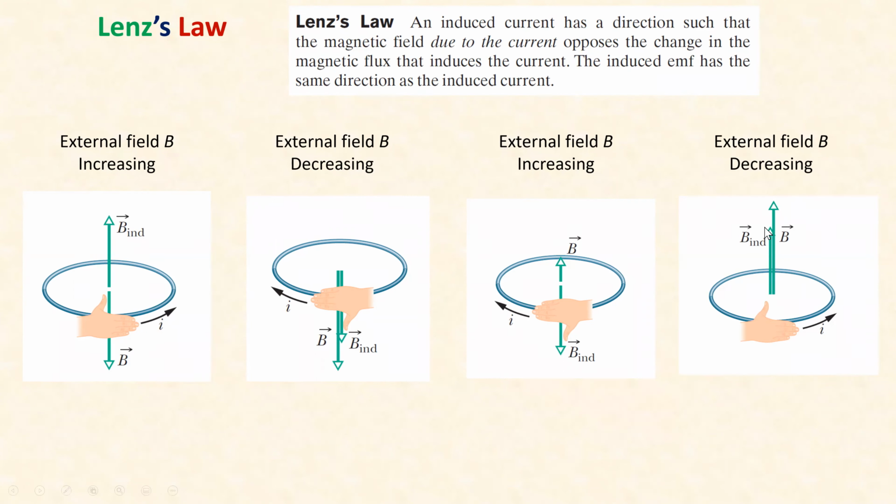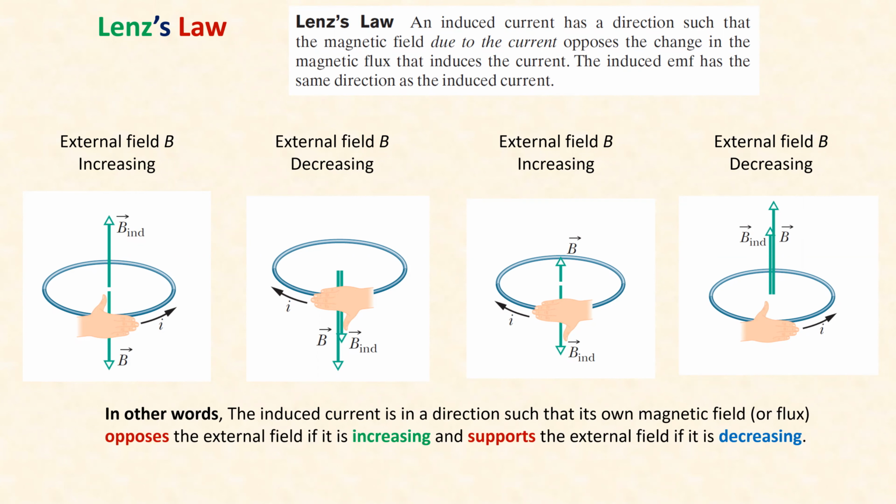And then you put your thumb in that direction, your four fingers show which direction the induced current is. Is it clear? Any questions? So in short, whenever there's a decreasing field, it will always be in the same direction rather than opposite of it. Yes, decreasing means that the B field of the induced current is in the same direction as the external B field.